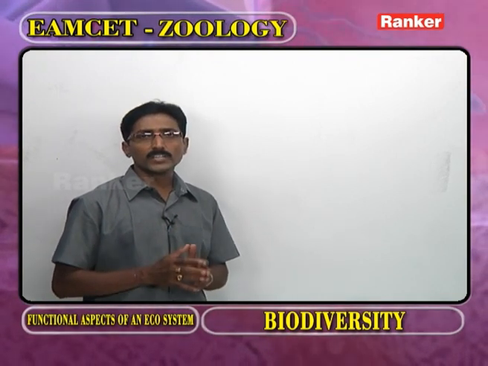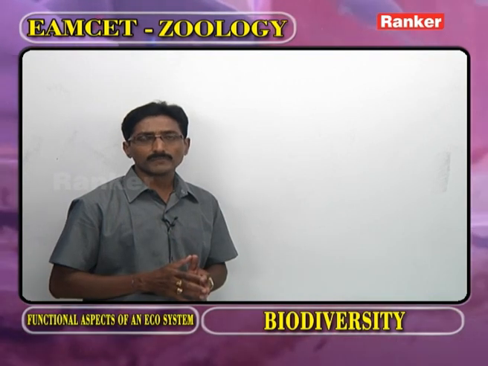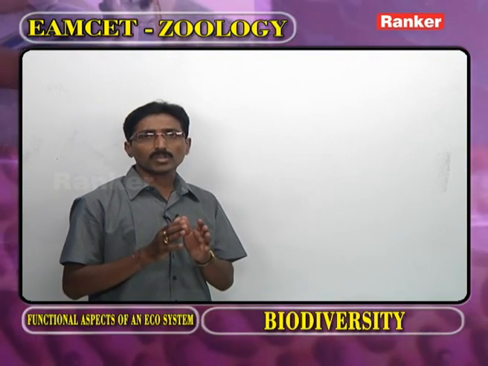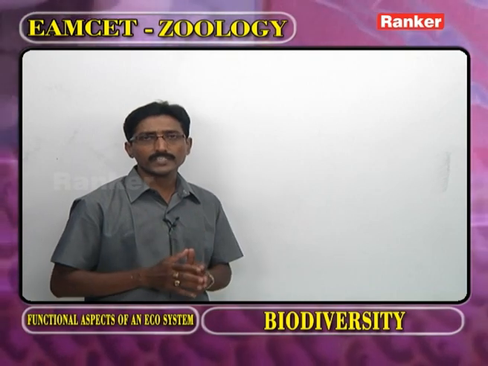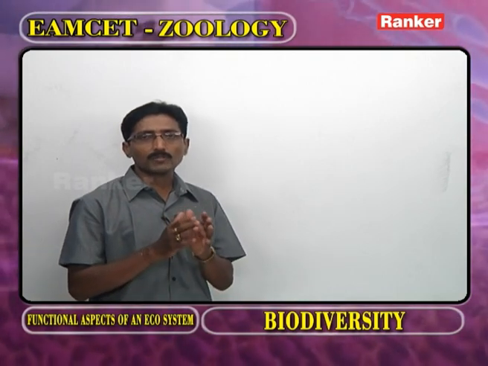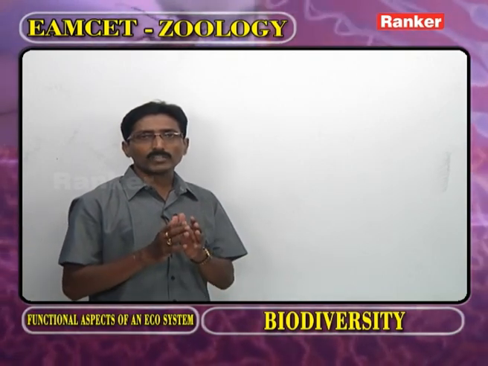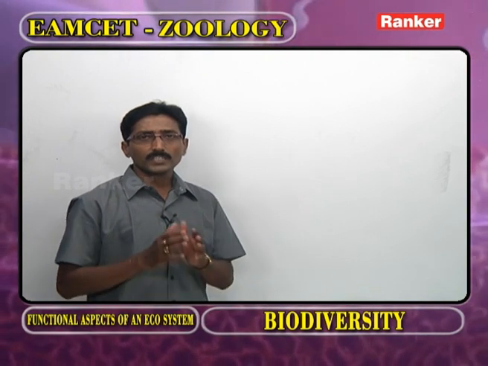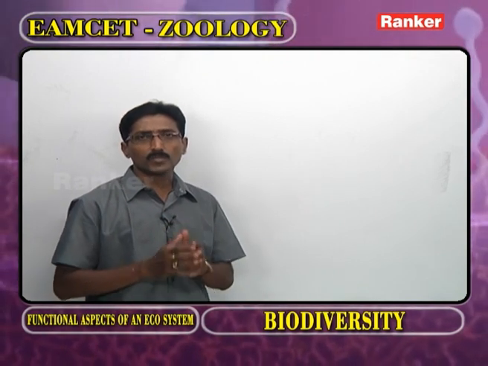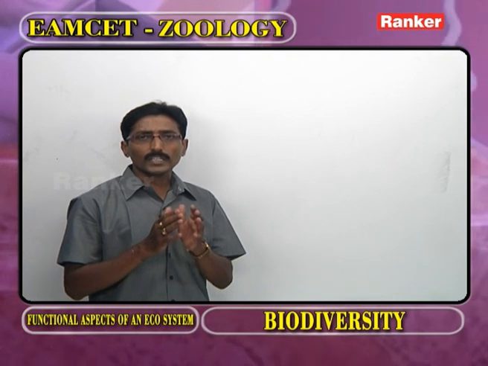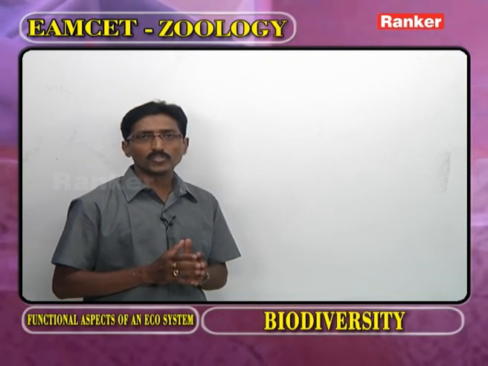In an ecosystem, what are the biotic factors? The biotic factors are broadly classified into three categories: producers, consumers, and decomposers. What are the best examples for the producers?